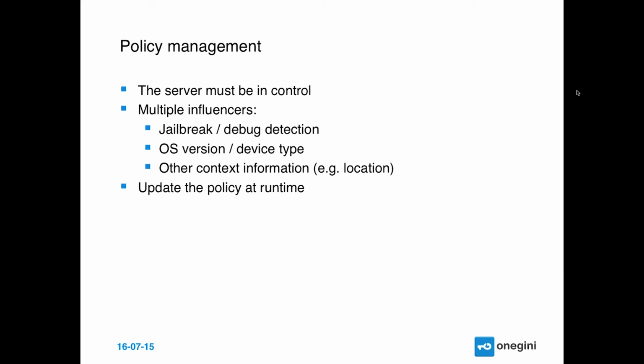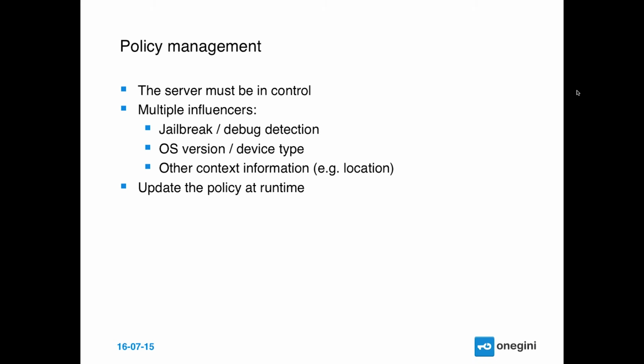Next slide, please. So the policy management, as I already told, it's really important that the server must be in control. What I mean by that is that there might be all kinds of things happening inside a mobile application or on a mobile device that actually influence the policy, so influence whether the fingerprint authentication can be used or not. For example, some of the influences are jailbreak detection or debug detection.